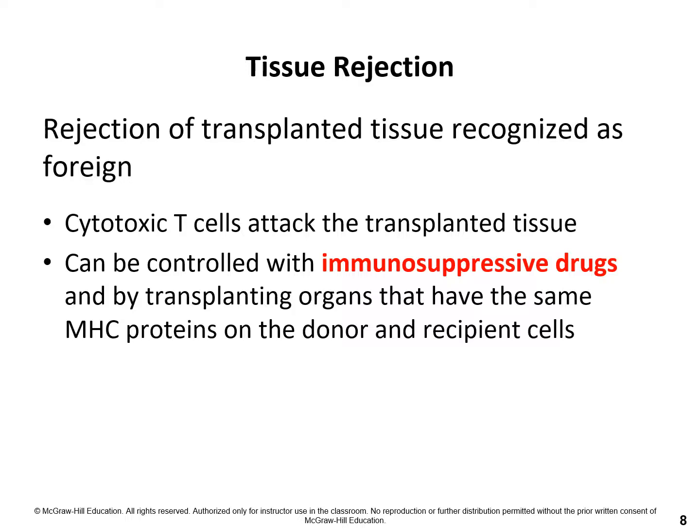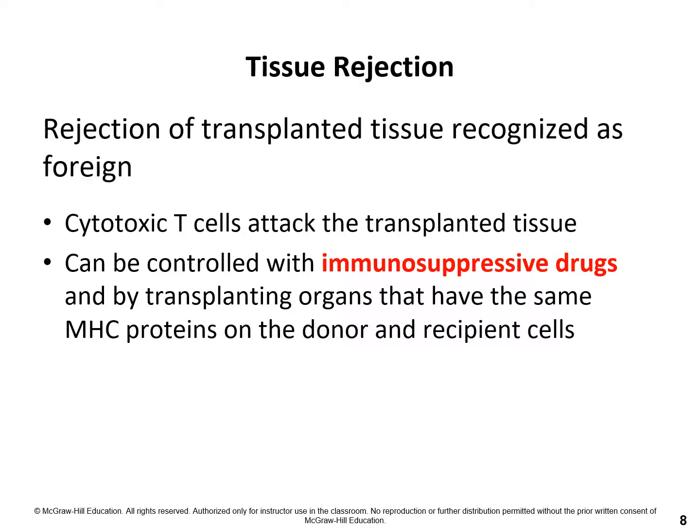MHC stands for major histocompatibility proteins. When matching donors and recipients of tissue transplants, blood donation, organ donation, these MHC proteins should be as closely matched as possible between the donor and recipient so that something called tissue rejection doesn't occur.